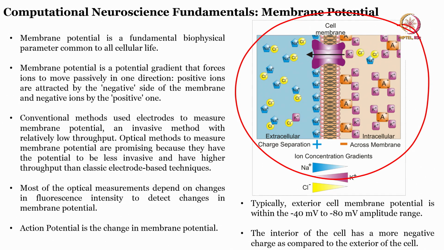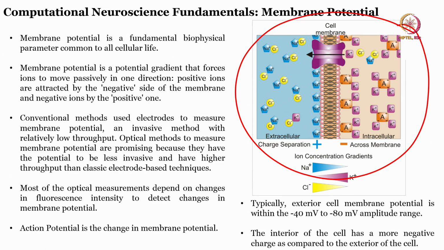If you see the intracellular side, you will see again how the ionic concentration gradients are there across the membrane, and as you very well know, the potential gradient that occurs forces ions to move passively in one direction.